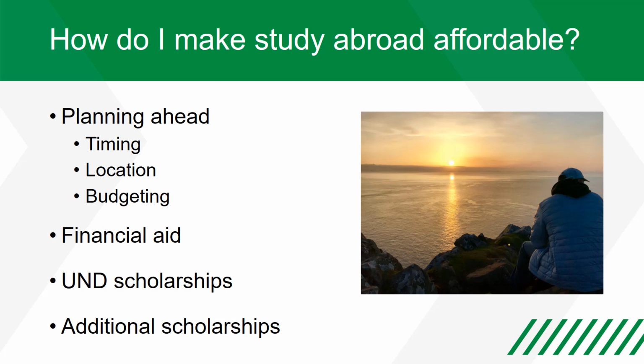Consider that total picture. And for location, what is that cost of living? Keep in mind those everyday expenses. In some countries, they might be more or less, or again, very similar to what you're already paying at UND. And budgeting. What's your limit? What are your non-negotiables? Have you considered what your minimum or maximum budget is?